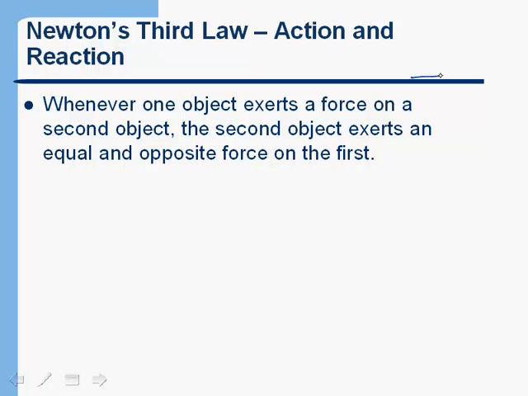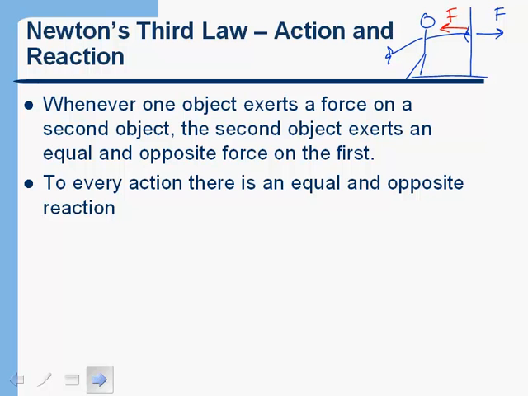So in other words, if I'm standing next to the wall here, and I lean over, I'm exerting a force on the wall in this direction. That's one force. Well, the wall is exerting a force back on me. And those two forces are equal in magnitude and opposite in direction. That's what Newton's third law says.